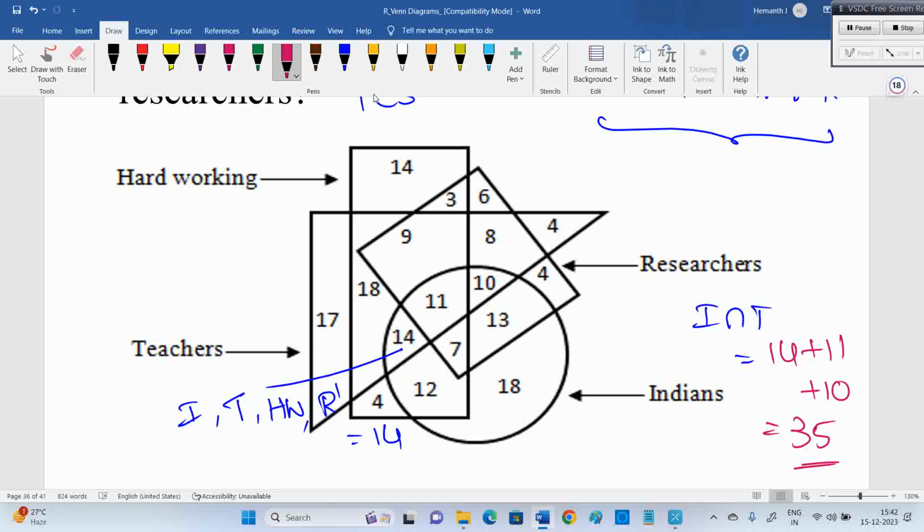Because the question is indirectly asking, among Indian teachers, how many are hardworking but not researchers? Indian teachers are 35. Among that, hardworking but not researchers are 14. Now 14 is what percentage of 35?